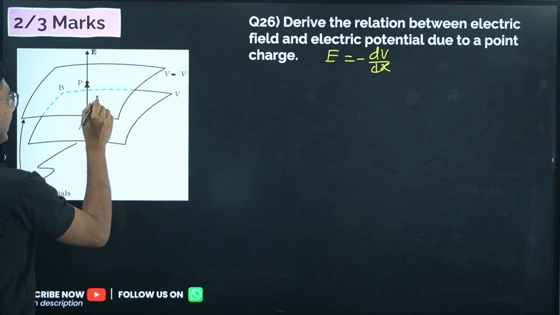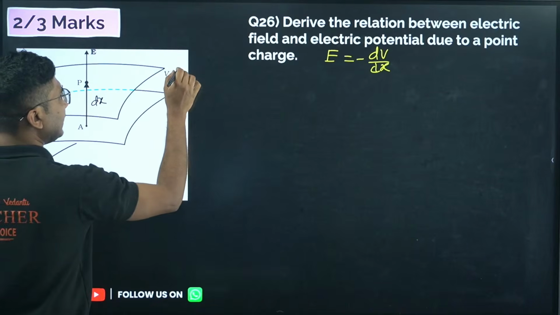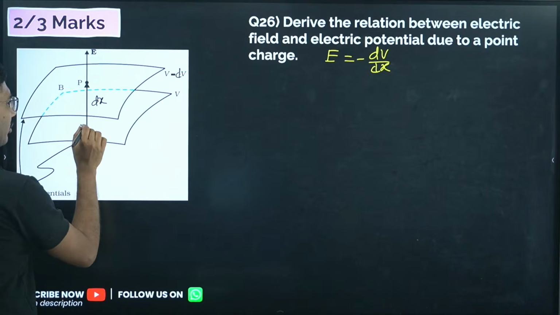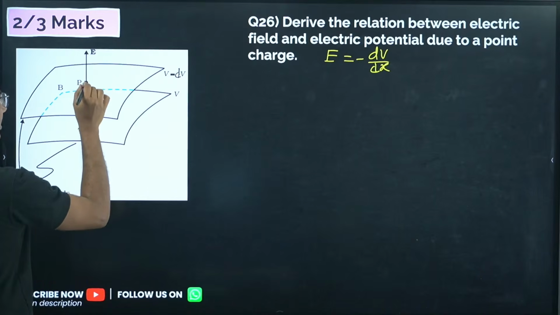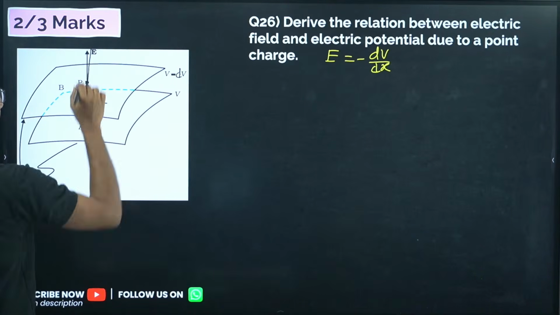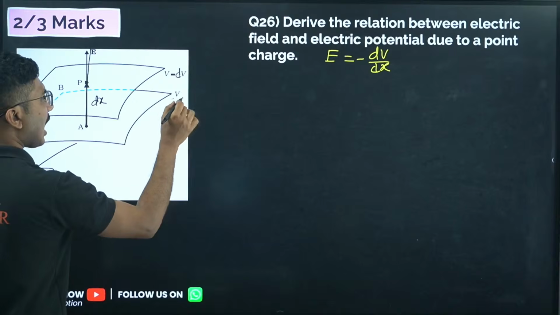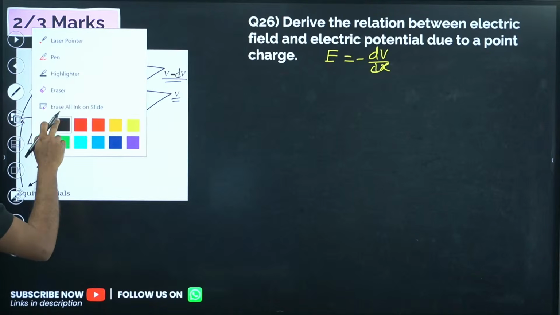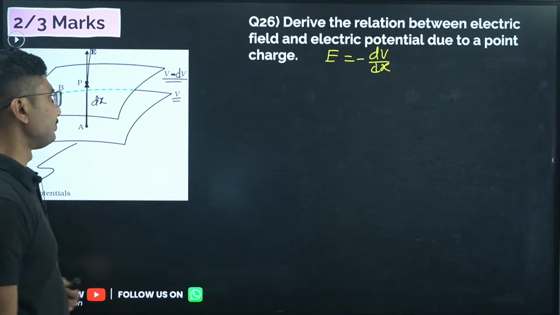The distance between them will be dx, and the potential difference will be dV. One equipotential is at point A, another at point P. If you join these 2 points, the electric field always points from higher potential to lower potential. That is why this is V minus delta V, or dV.